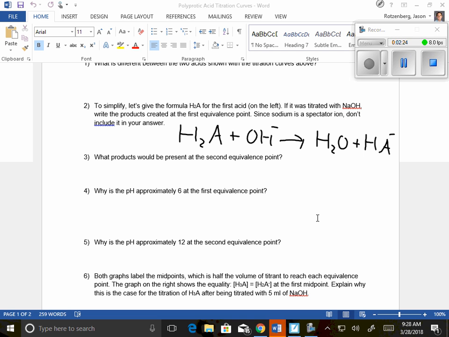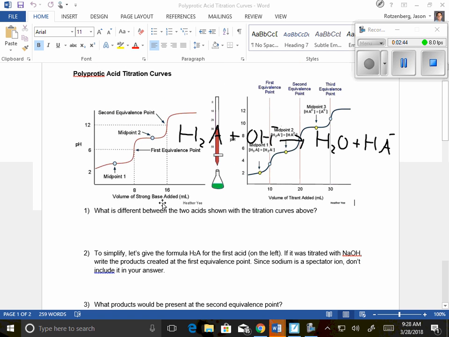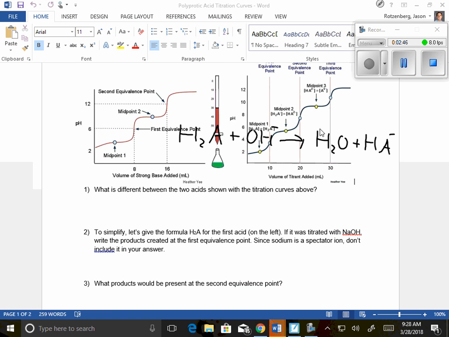Then it also leaves me with HA minus. So if you just had to write the products, it would be the 2 on the right-hand side. It just was easier for me to write the entire equation. So again, at that first equivalence point, right here, H2A and HA minus are what's present.